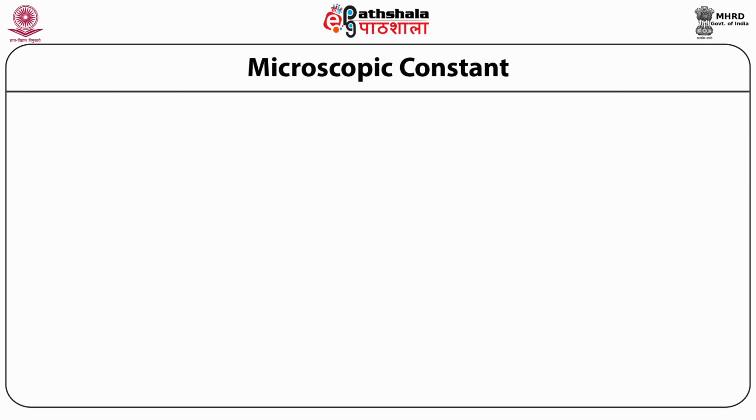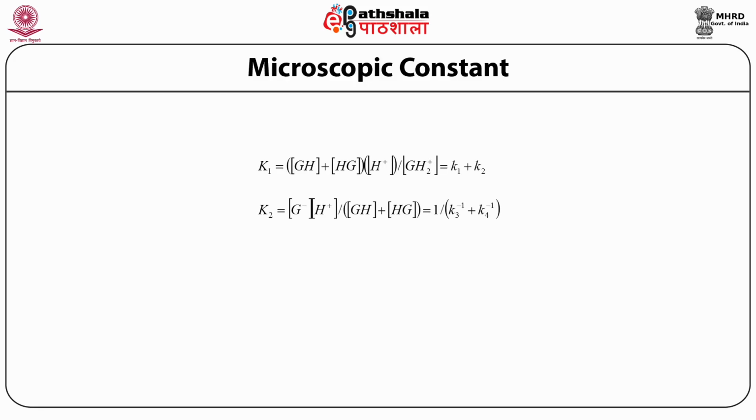How can we correlate the macroscopic constant with the microscopic? The macroscopic constant is nothing but [GH][H+]/[GH2+]. Since GH can exist in 2 forms, GH or Hg, we can simply write ([GH]+[Hg])[H+]/[GH2+]. So this macroscopic K1 is simply equal to k1 plus k2.